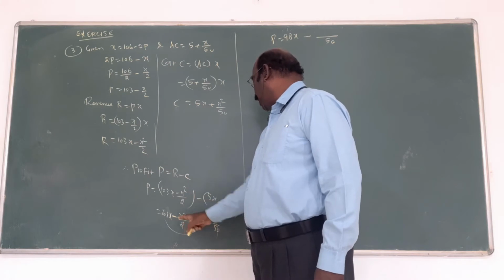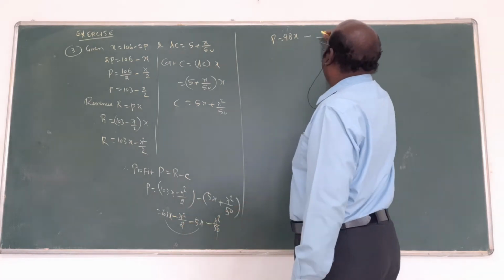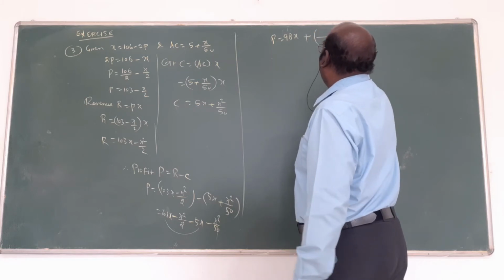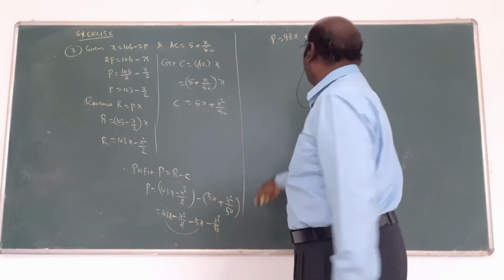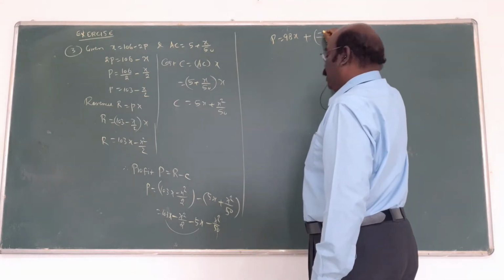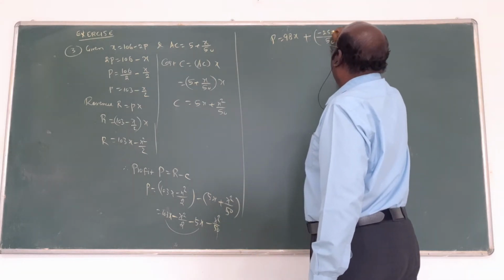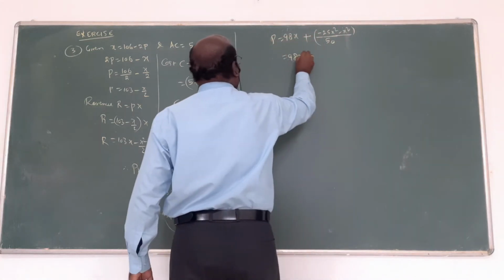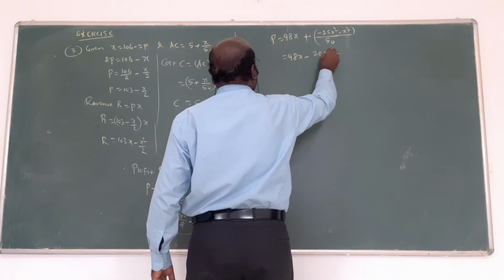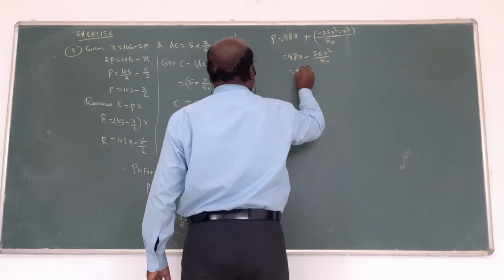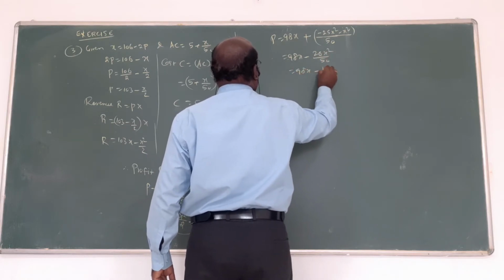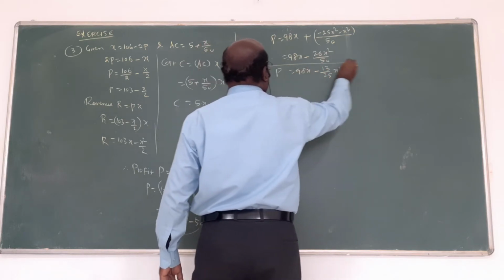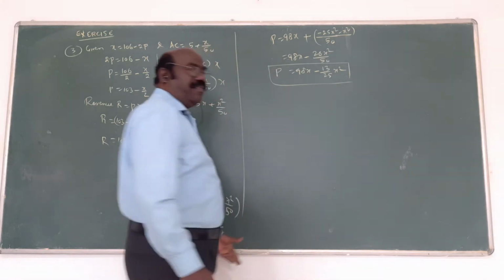Minus 25 by X square minus X square, 26 X square by 50. Now 48x minus 26x square by 50, that is 48x minus 13 by 25 X square. This is the profit. The profit is maximum.